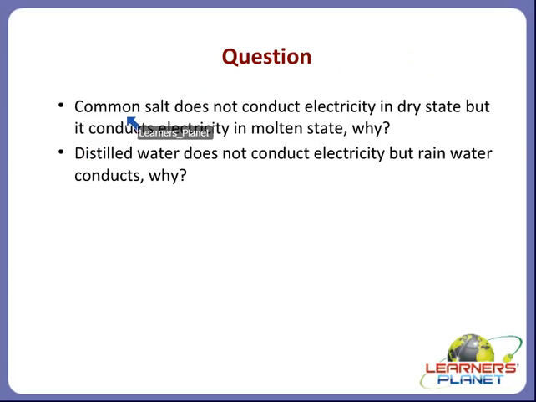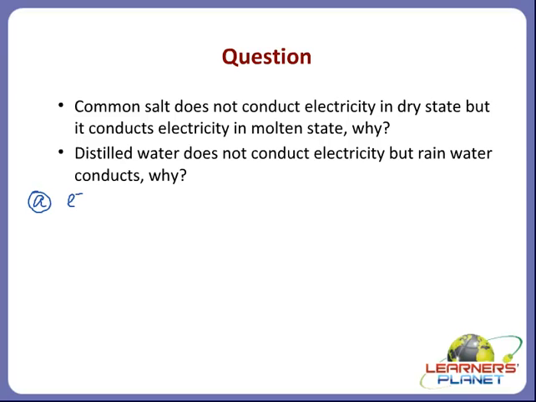Our question is, common salt does not conduct electricity in dry state, but it conducts electricity in molten state. Why? Now in this case, students, common salt does not conduct electricity in dry state. Now you just recall what all are the things which carry electric current.